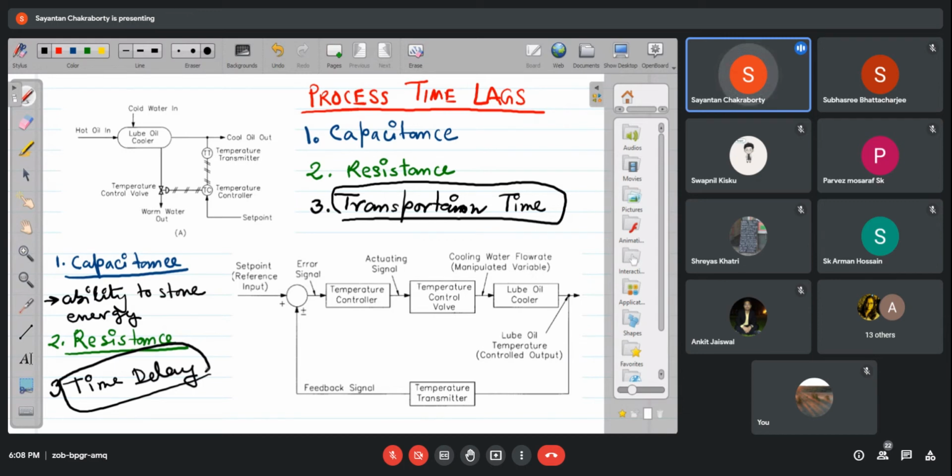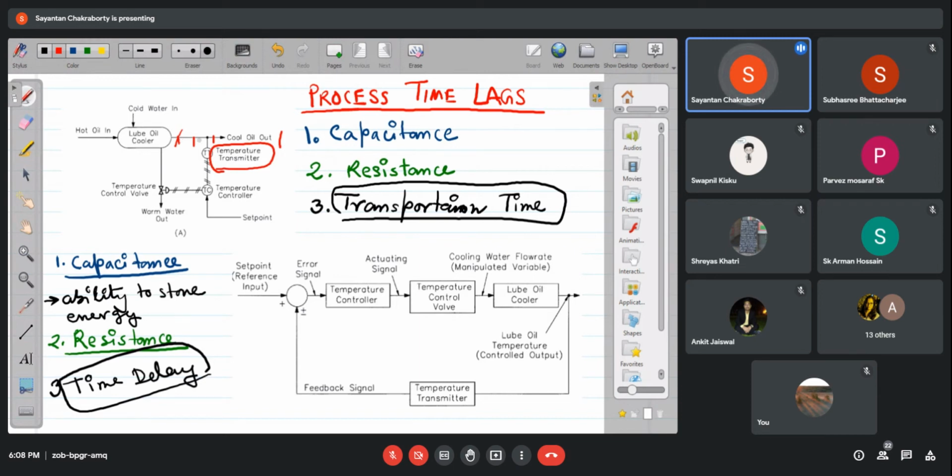For a very simple example, say we have incorporated a temperature transmitter at the oil output, which is supposed to be the cold one. You can place this temperature transmitter just outside the chamber, or 1 meter away, 2 meters away, or 5 meters away. If you put it 1 meter away from the chamber, the cold oil after leaving the chamber will be soon detected by the temperature transmitter.